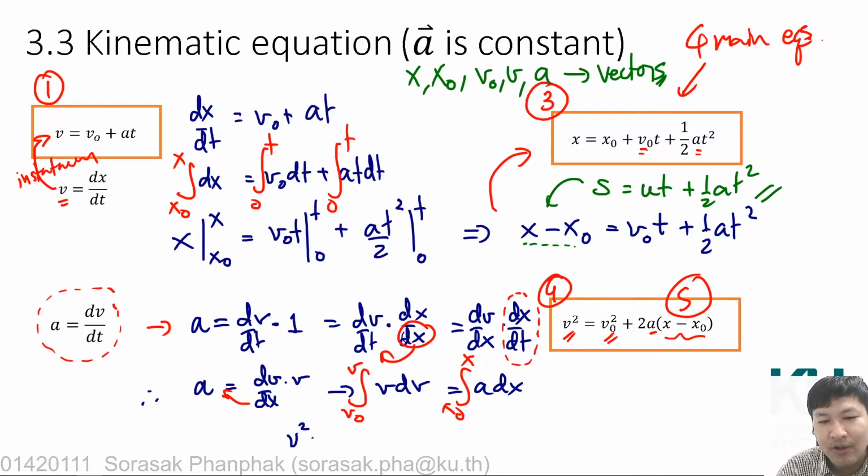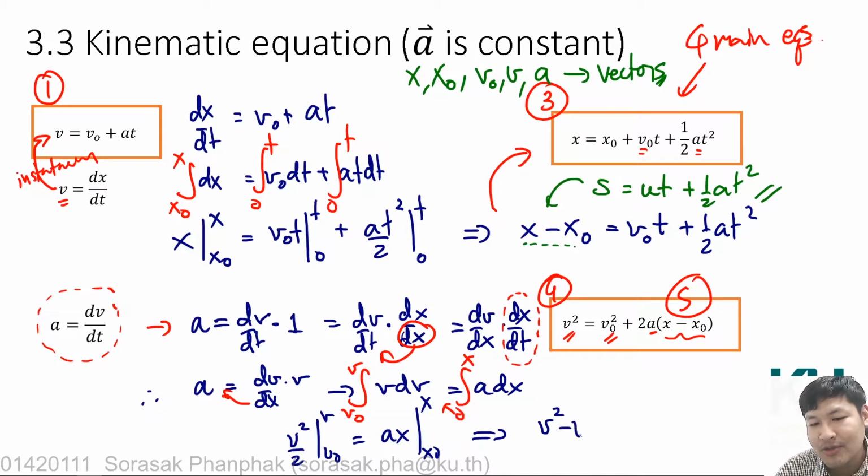So you got v squared over 2 from v0 to v equal to a x from x0 to x. So now you got v squared minus v0 squared, and you move this 1 over 2 to the other side, and it becomes 2a times x minus x0. So this is your fourth equation.